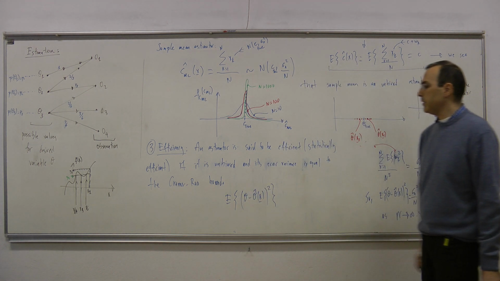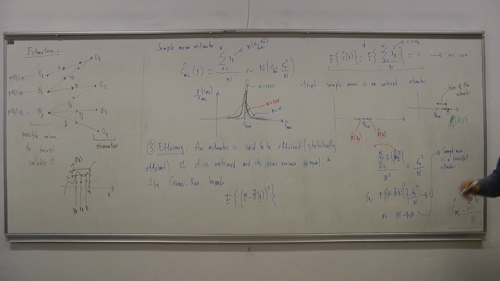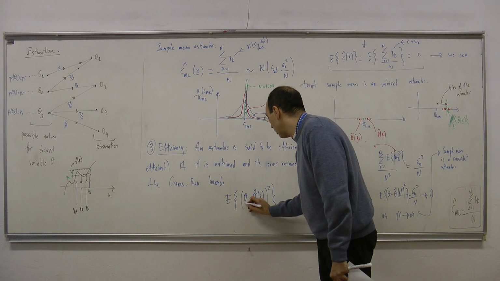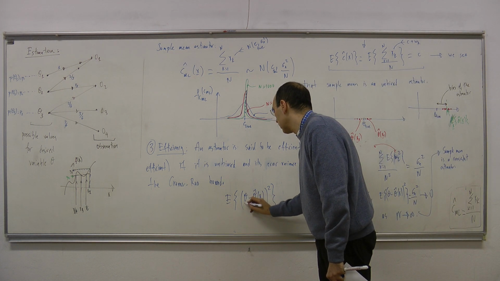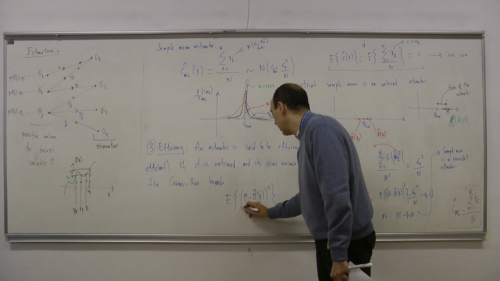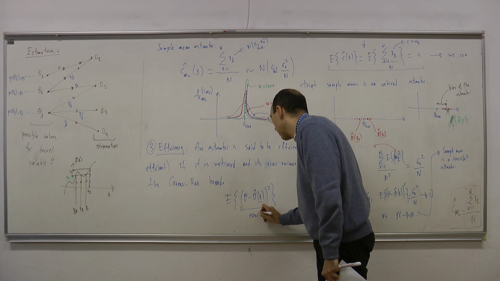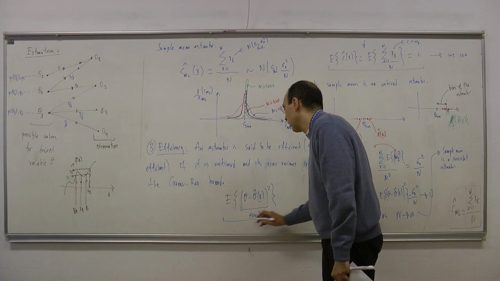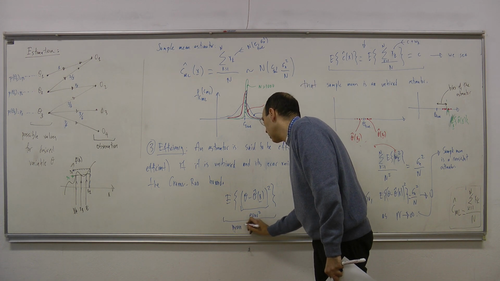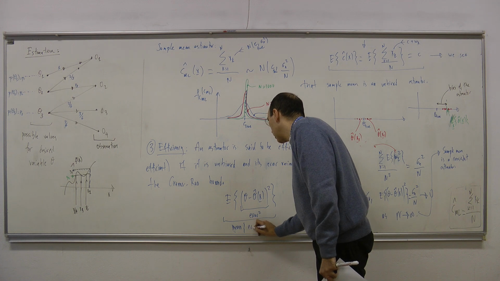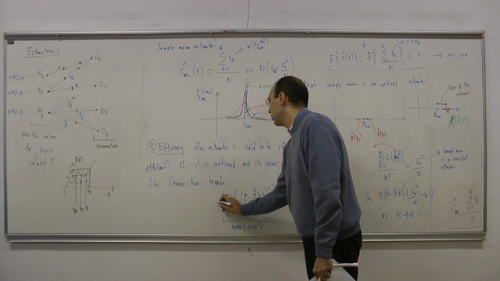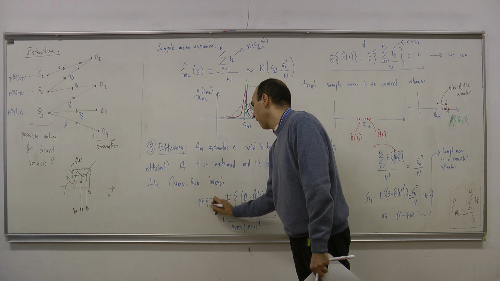Actually, this is our MSE, mean square error. This is the desired quantity. This is the error squared, and this is the mean of the error squared. This is called mean square error, MSE.